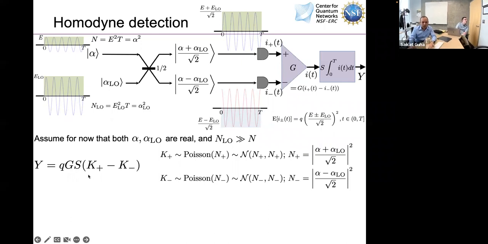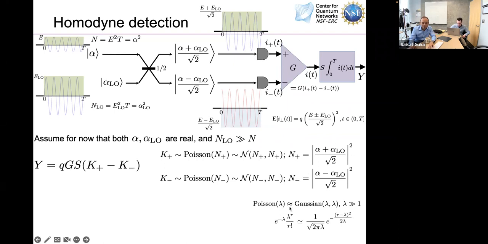I can think of this Y as the difference of 2 Poisson random variables, K plus and K minus, times a scale factor. And the scale factor is the product of the electronic charge, which is the area of that one delta function that appears when you detect a photon, times this gain G, times this additional scale factor S that I multiplied. Now, since I chose alpha LO to be very large, a strong local oscillator, the means of both of these 2 Poisson random variables are extremely large.